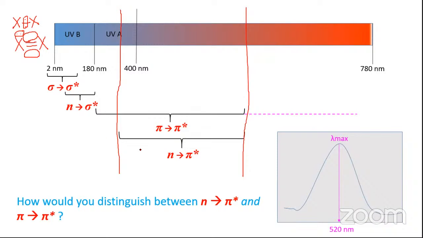The non-bonding electrons. Is the question clear? Yes, sir. Okay, so what could be the character of non-bonding electrons?